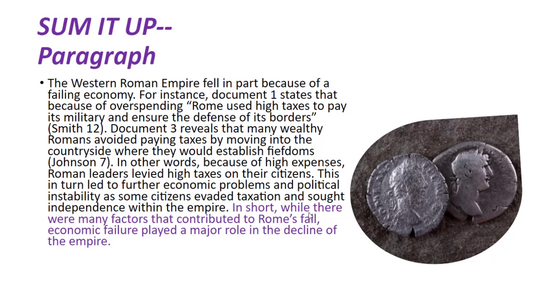So I said, while there were many factors that contributed to Rome's fall, economic failure played a major role in the decline of the empire. So I've kind of come at it from a fresh angle here, and that's what you want to do as well. Don't just change a word or two, but try to express your answer in a fresh or new way.